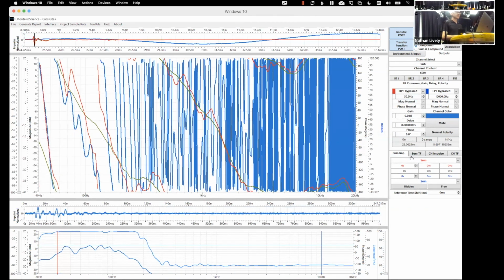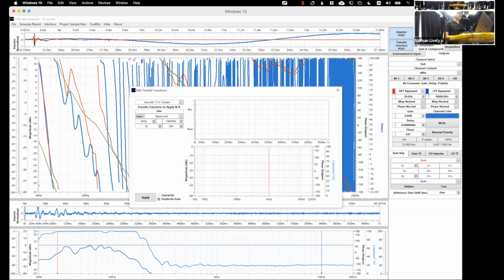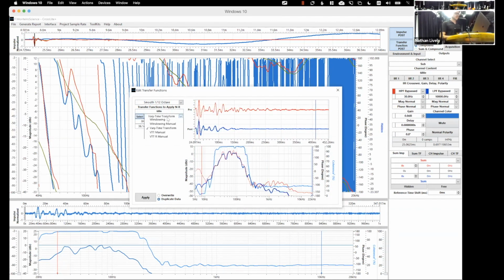Now, the noise reduction procedure also will be affected by reflection, so it might not work, but we'll give it a shot. Okay, looks like it found the peak okay.